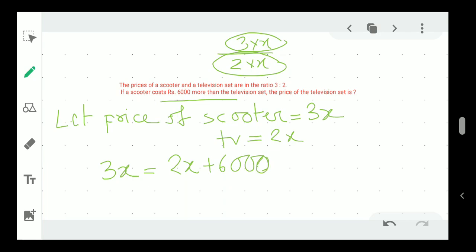So I can write here that 3x minus 2x, that is nothing but your x, and that's why you can write directly that x equal to 6,000.